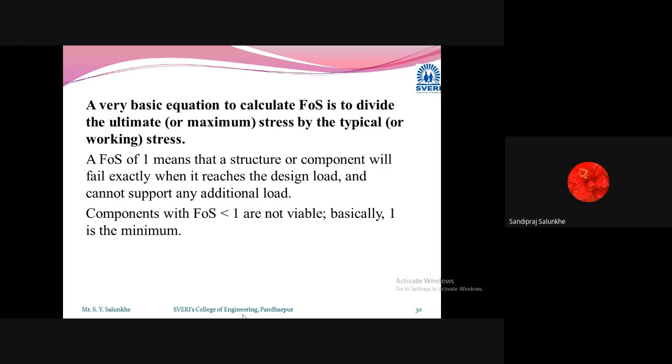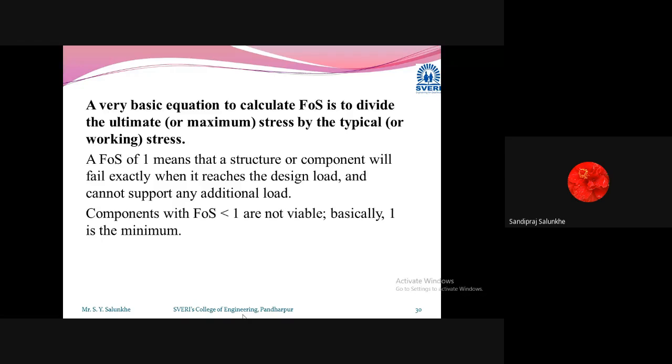One should not assume that it will break at 10 kilonewton, because it has to work in that 10 kilonewton load. So definitely that value is more than 1.